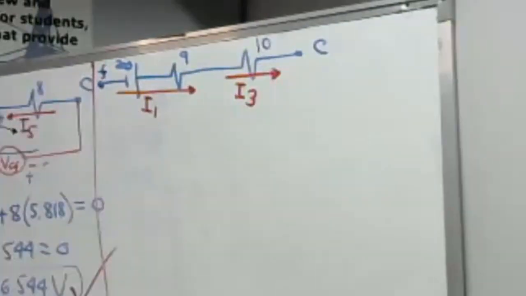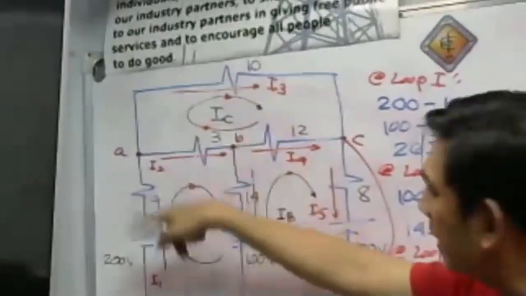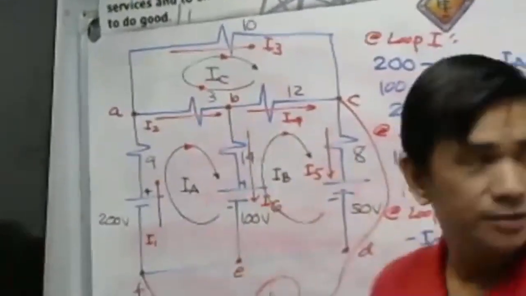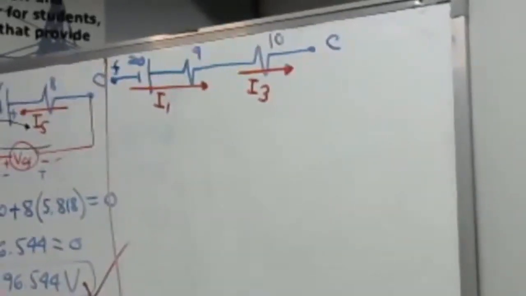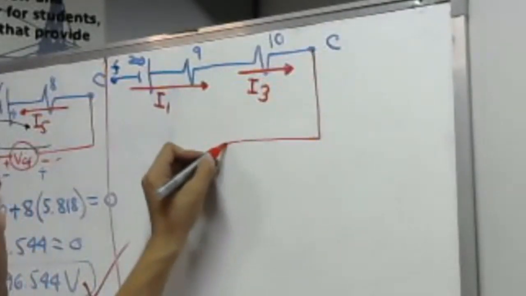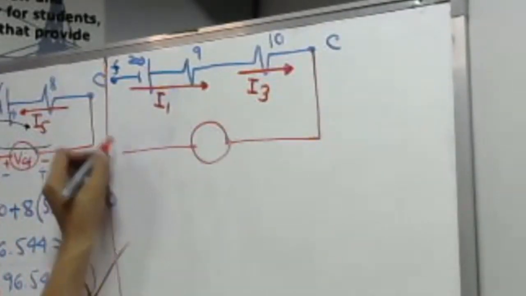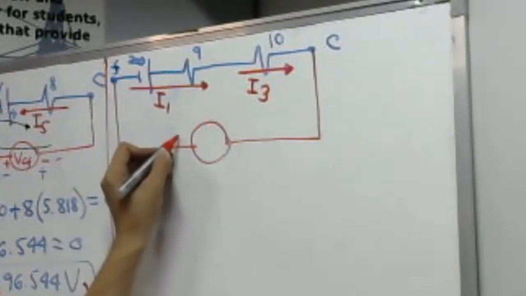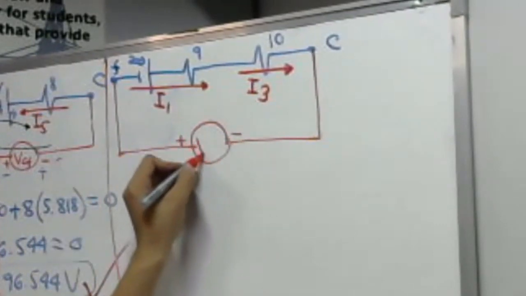You must not change the direction of the current here. Di mo babaguhin yung direction ng kuryente. Okay, guys? Do not change the direction of the current. And then, I will put here the voltmeter. Again, this is positive, this is negative. VCF.